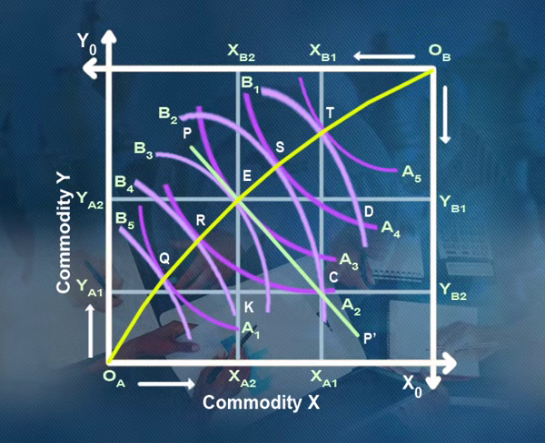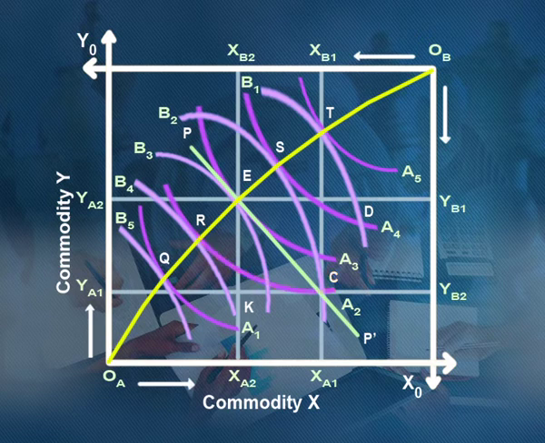At this level of distribution, the indifference curves of the two individuals are intersecting, but point C cannot be the position of equilibrium for the two individuals, since both of them can gain or become better off if they exchange some quantities of goods possessed by them and move to the contract curve.